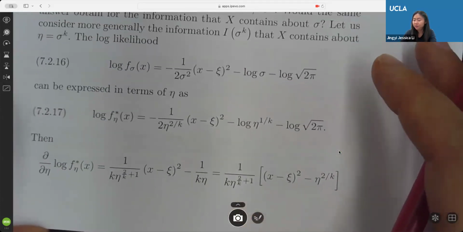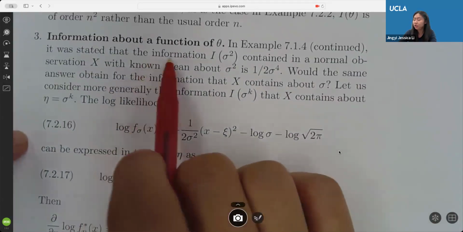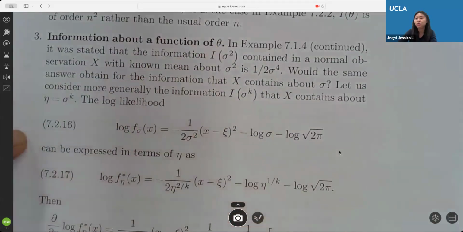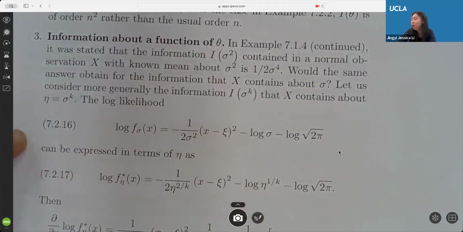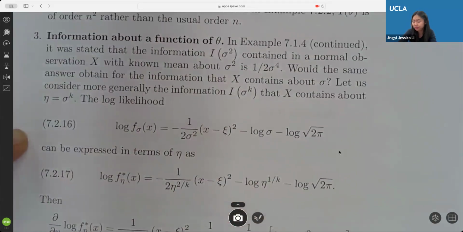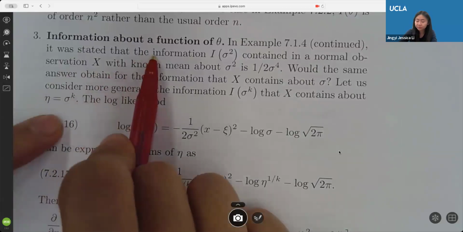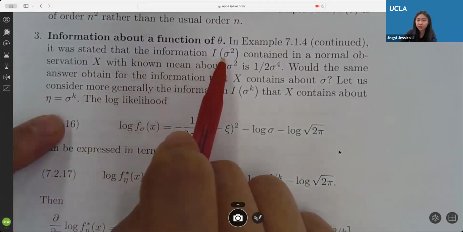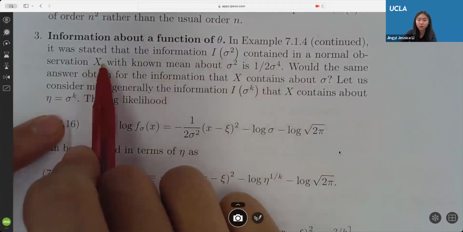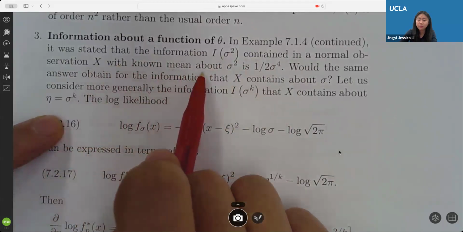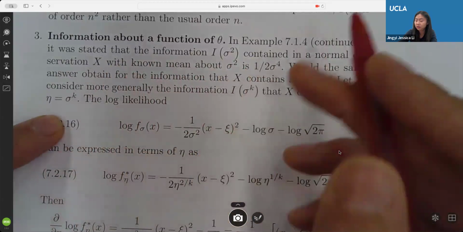Finally, let's look at Fisher information about a function of theta. Again, we consider transformation of our parameter. If we're not interested in theta, but some function of it, what is the Fisher information after the transformation? Okay. The information I(sigma squared) contained in a normal observation X with known mean about theta is 1/(2 theta^4).